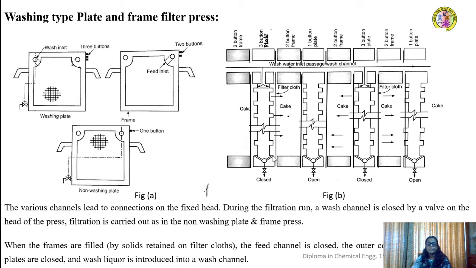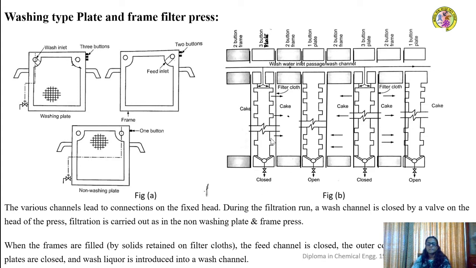In this operation, whichever plate is having that hole, that is the three button plate, for those plates the discharge cork will be kept closed. Otherwise the wash liquid after getting admitted here will flow along the face of that plate and will escape from the outlet channel, that is an outlet cork that is provided in that particular plate. So in order to prevent that, this cork will be kept closed.